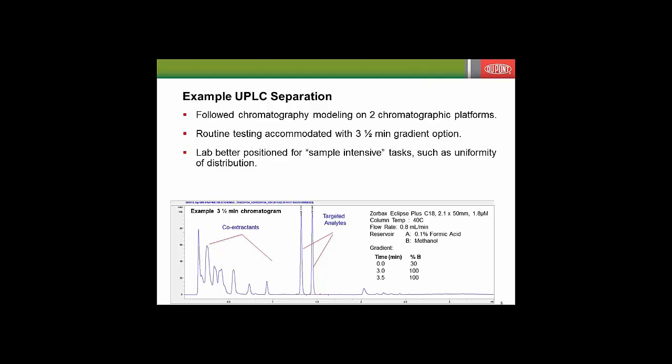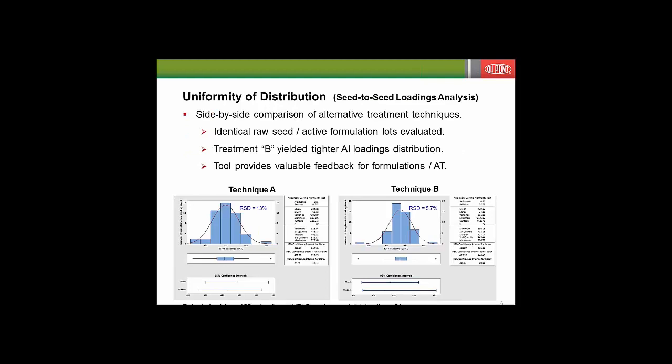We like the UPLC separations because it positions us to do sample-intensive tests, such as uniformity of distribution, which I'm showing on this slide here. This is showing what would happen when looking at single seed extractions and analyzing each extraction individually on the LC.